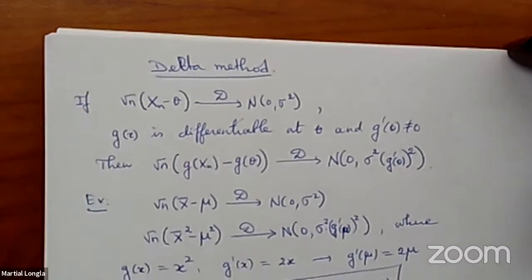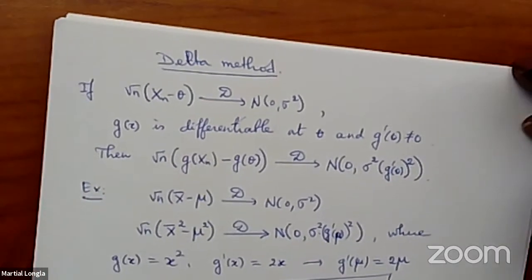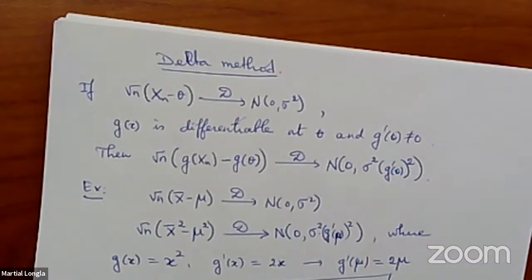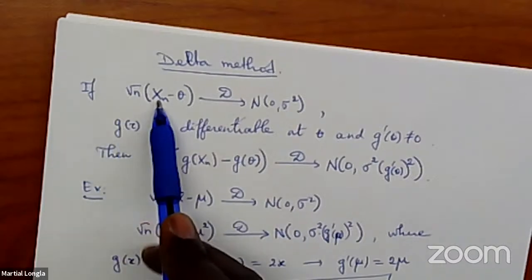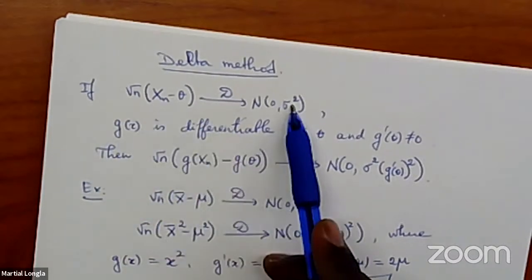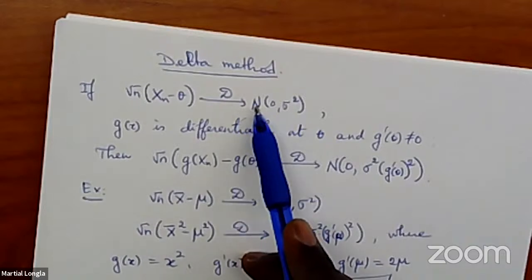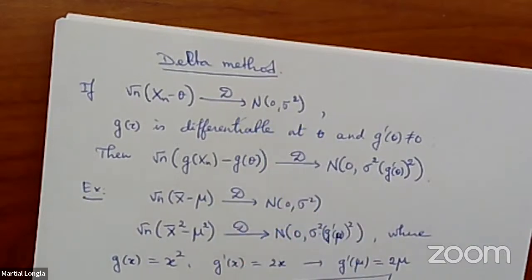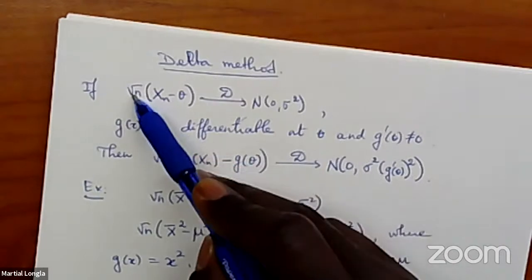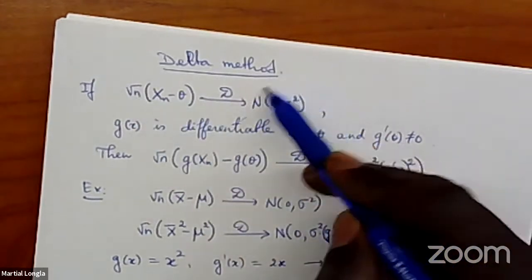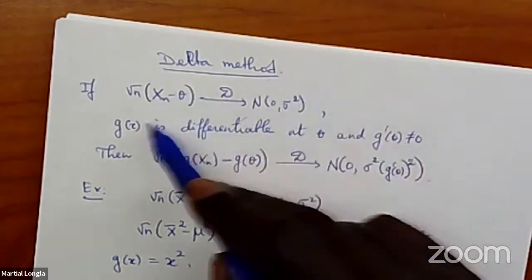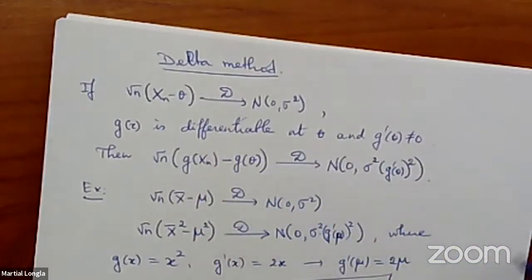So one of the rules that we do use there is what we call the delta method. If we know that square root of n times Xn minus theta converges in distribution to normal 0, sigma squared, important, you have that square root of n there, and you have the normal distribution here. These two things are what leads to what you have here.